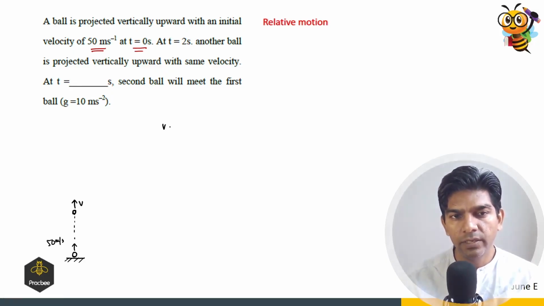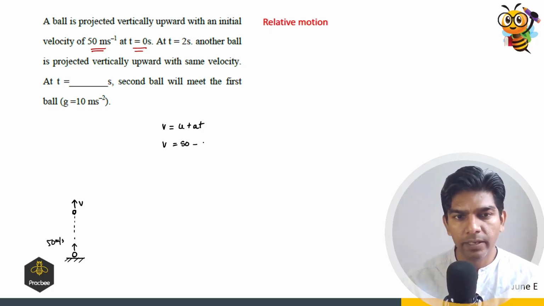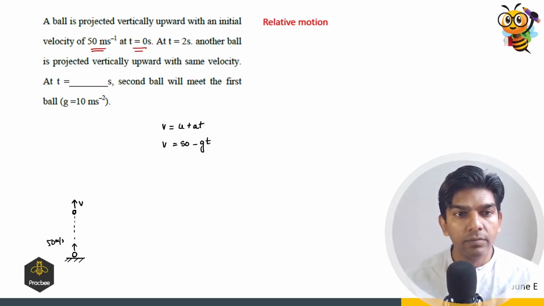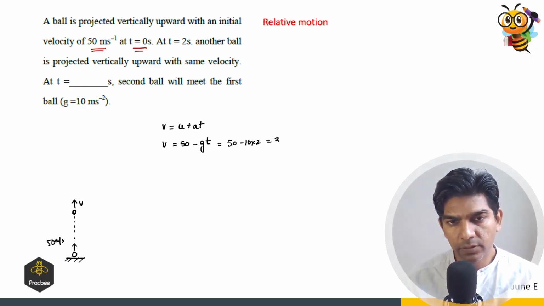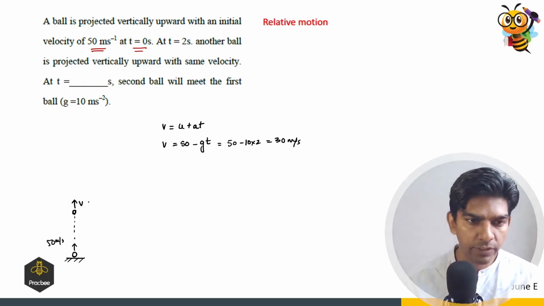We can apply the first equation of motion, v is equal to u plus at, for the first ball. u is 50, and I'm taking upward as positive and downward as negative, so v equals 50 minus g times t, and time is 2 seconds. 50 minus 10 times 2, so that will be 30 meters per second.